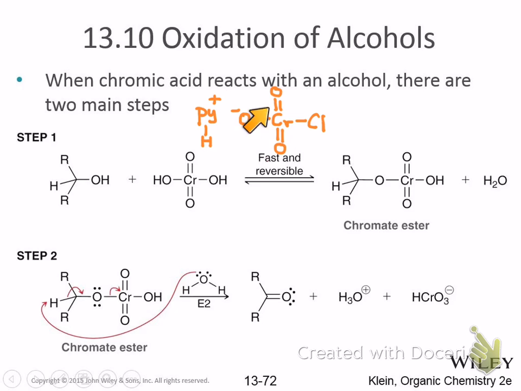So this replaces this. All right, so this hydrogen has been replaced by a protonated pyridine. Okay? And this oxygen hydrogen, this hydroxyl group, has been replaced by a chloride.